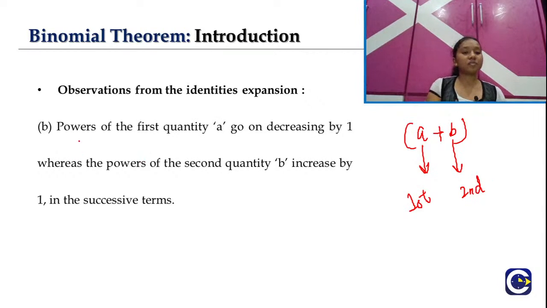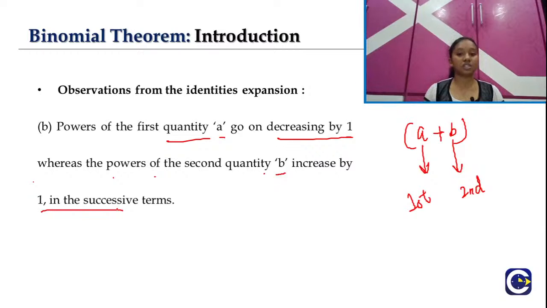Powers of the first quantity a go on decreasing by 1, whereas the powers of the second quantity b increase by 1 in the successive terms, which means the first term's power is decreasing and the second term's power is increasing. So let's get back to our identities and have a look again.